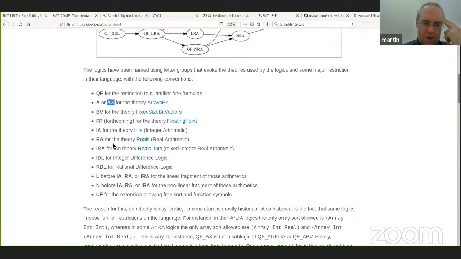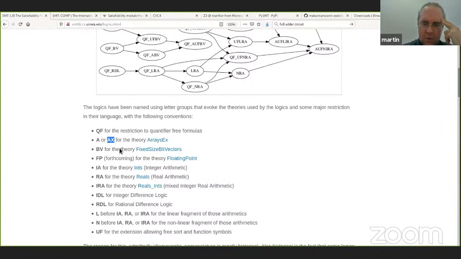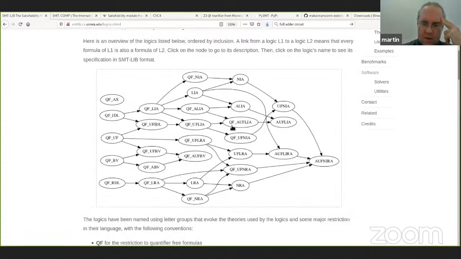Integer, arithmetic, real. So if I pick one of these, this is quantifier free, arrays, uninterpreted functions, and linear arithmetic. This one allows quantifiers, it's arrays, uninterpreted functions, non-linear, integer, and real arithmetic.